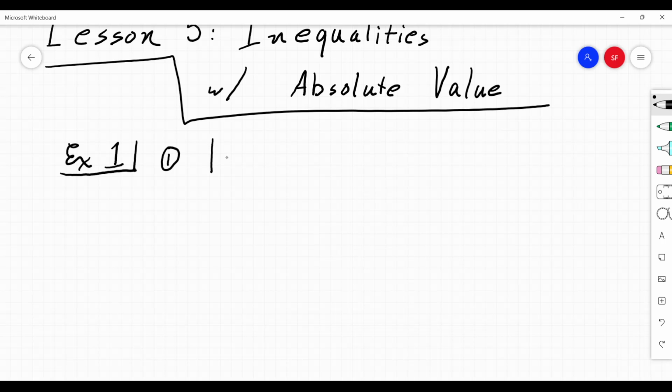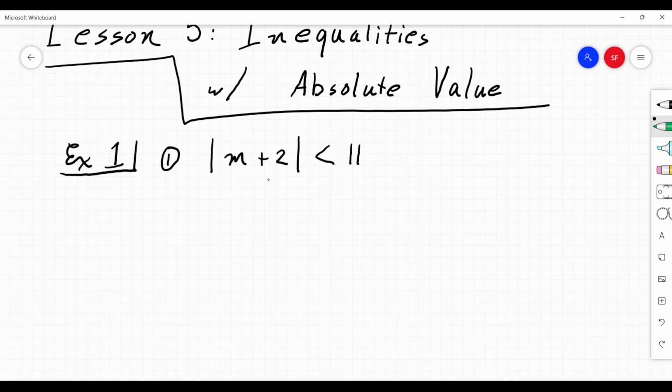Absolute value of m plus 2 is less than 11. So if this were an equals, what would we do right now? We have an absolute value equation, so we have to do 2 equations.